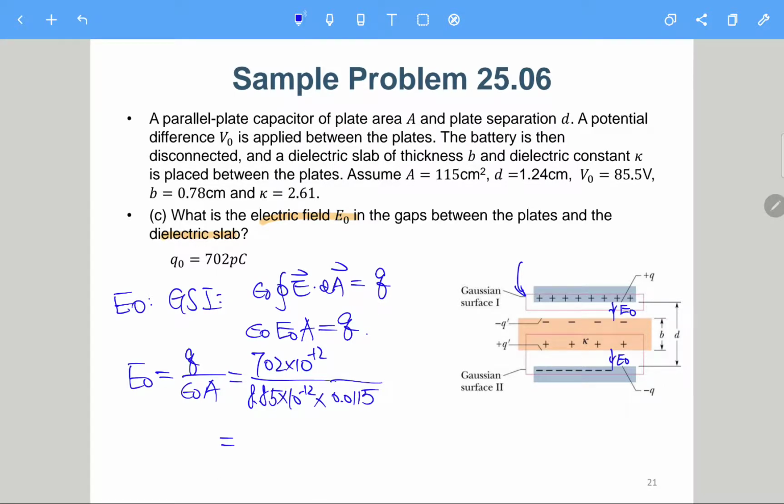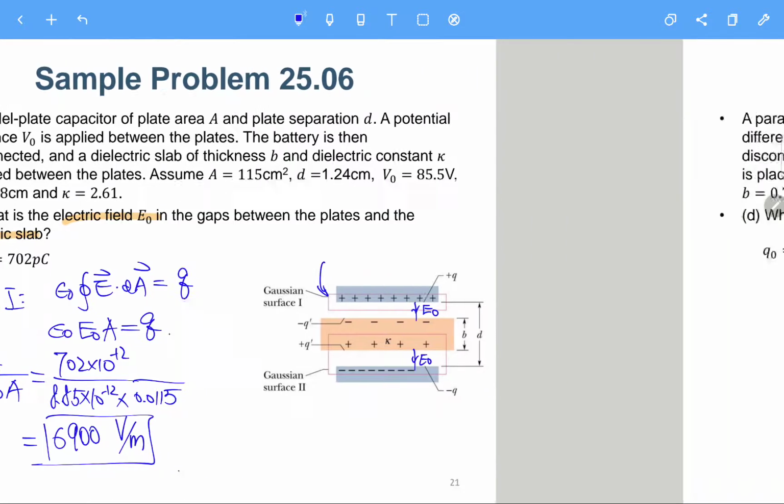So this one is 6,900 volt per meter. Yeah. So this is still a simple one.